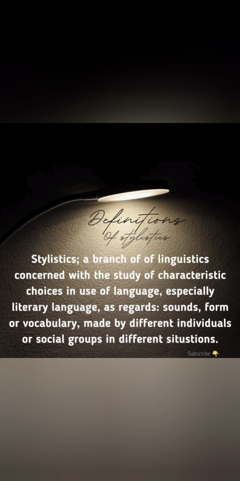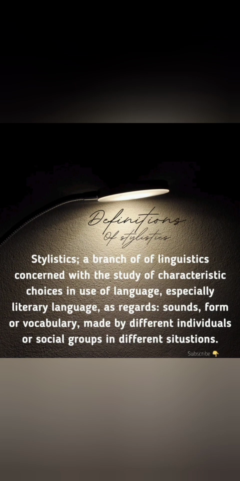So whenever we analyze a language in a text, we basically focus on the sounds of those words, the form and structure, how it is written, and the specific vocabulary that is used, in which context it is used by different groups, social settings, and different situations.